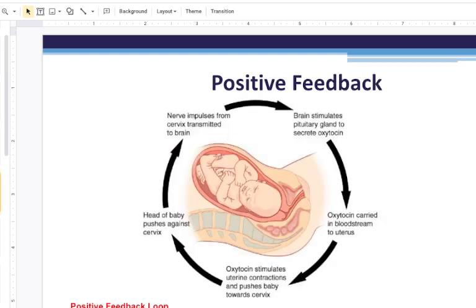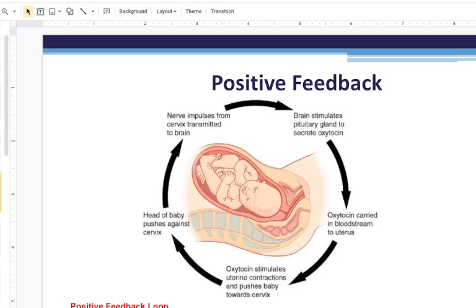Here we are with our positive feedback. We have the stretch receptors in our uterus are going to increase stretch as labor begins in women. The head pushes against the cervix. The nerve impulses from the cervix transmit to the brain. These stretch receptors tell our brain, okay, there's more stretch. The brain stimulates the pituitary gland to secrete oxytocin, which is a hormone.